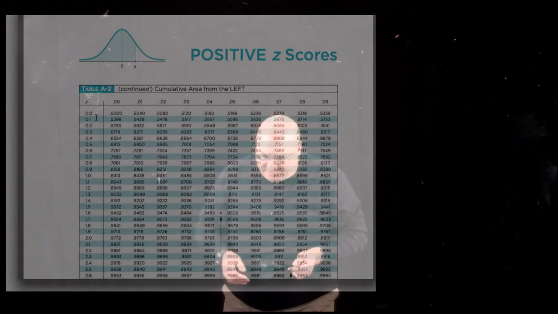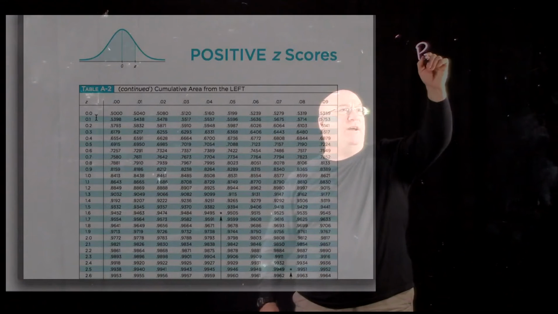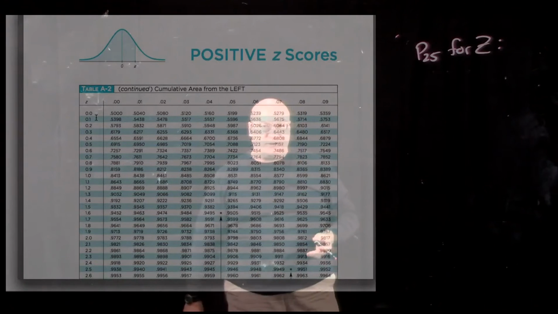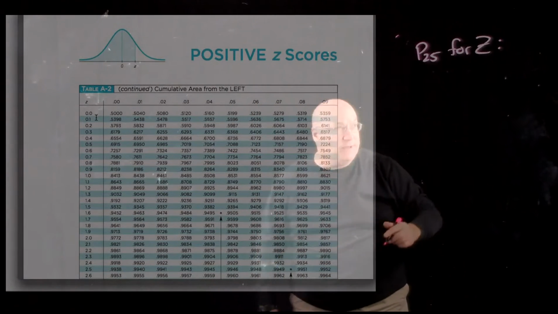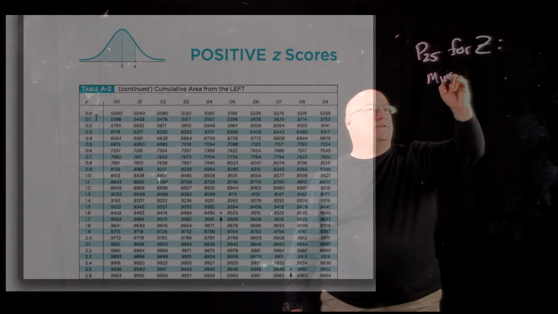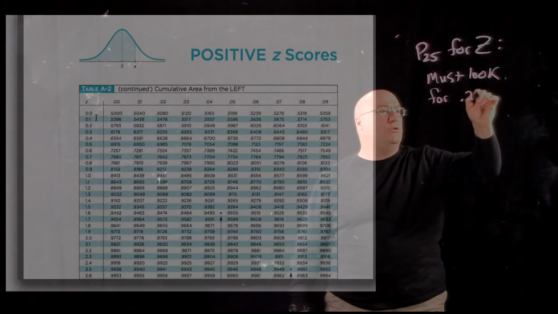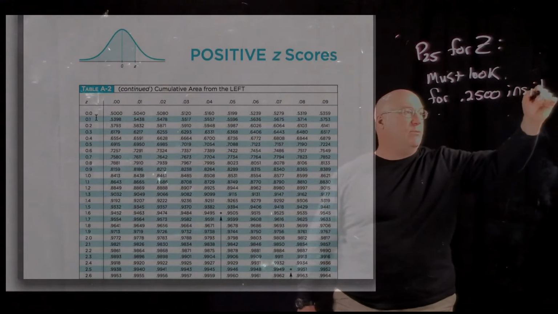And I have you do, don't I? First off, P25. So let's find, for example, P25. This means the 25th percentile for z. So I must look for 0.2500 inside the table.